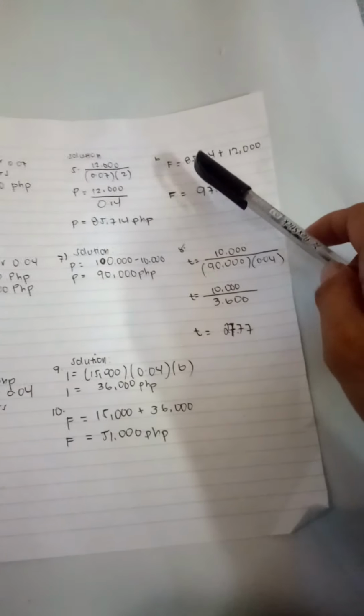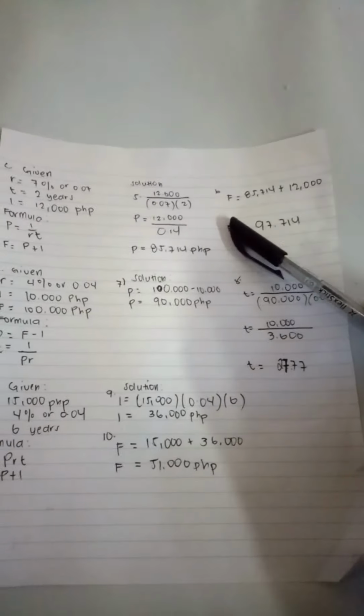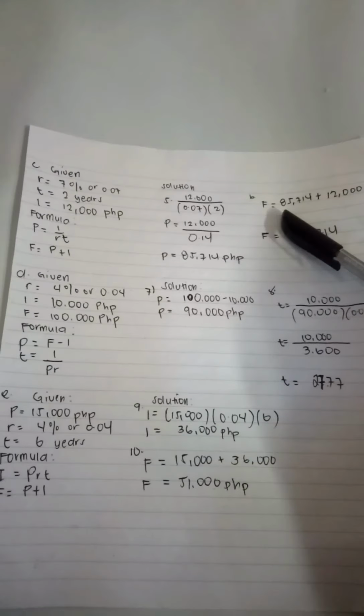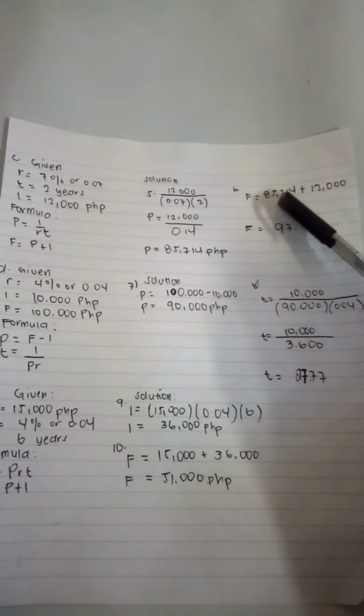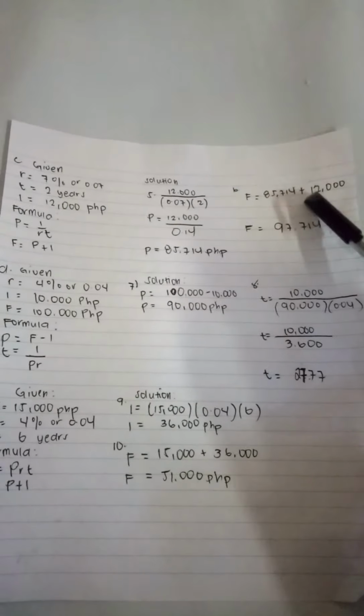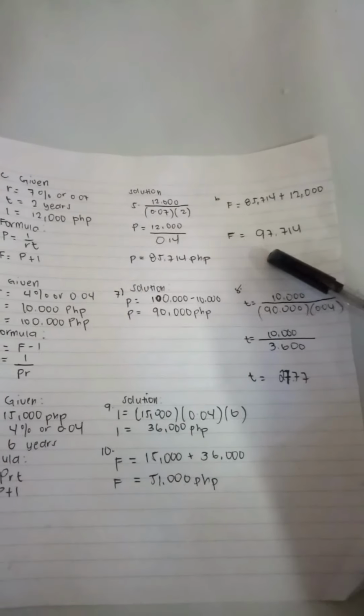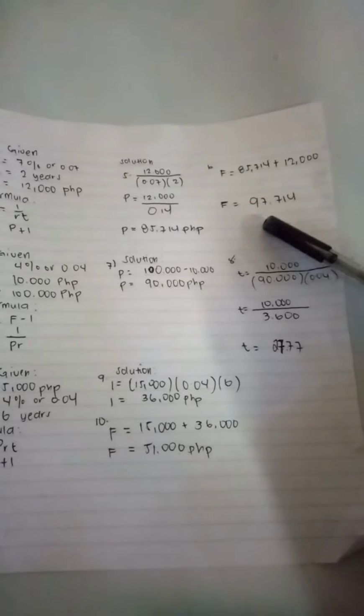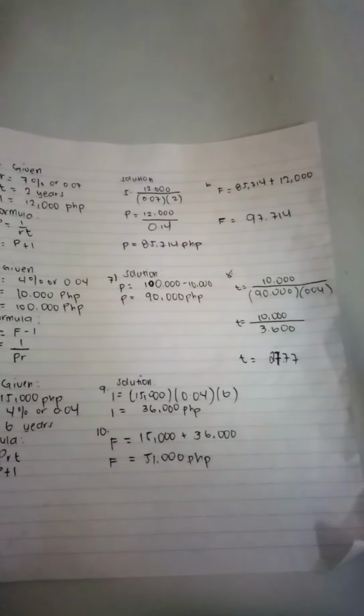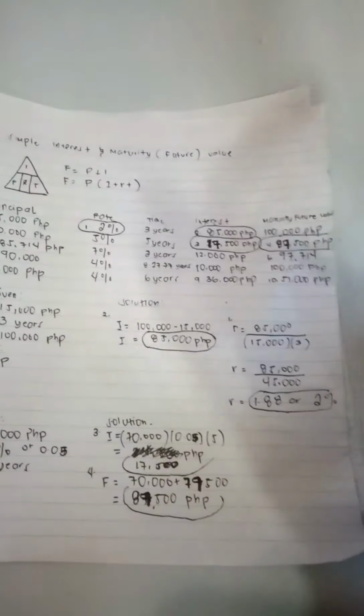Next naman po, isolve naman na po natin yung maturity future value nya is 85,714 plus 12,000 yung interest equals to 97,714. Bali, yan po yung ating magiging future value.